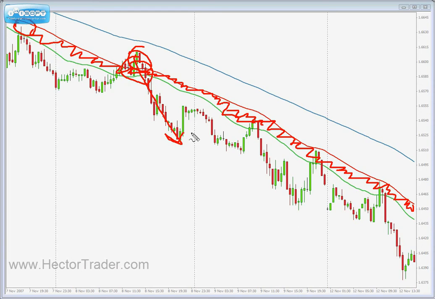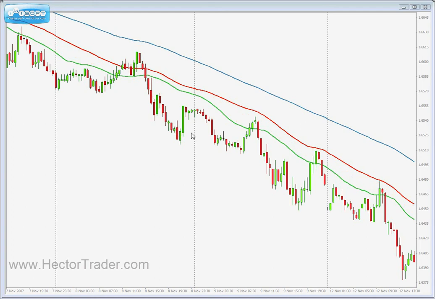As I was saying before, I'm a conservative trader. I'd rather take fewer entries than other traders, but at least have a higher ratio of winners as compared to losers. In my opinion, there is no need to take every single trade, to trade every single swing or every single trend.